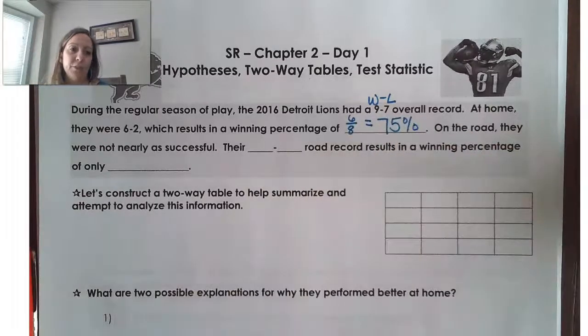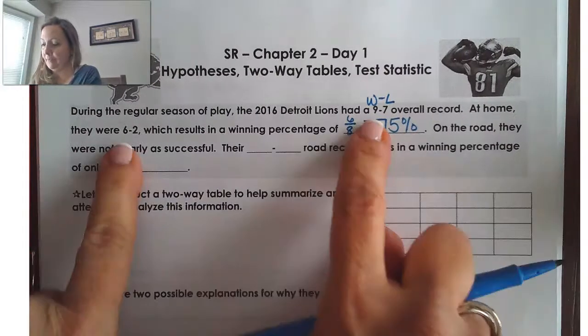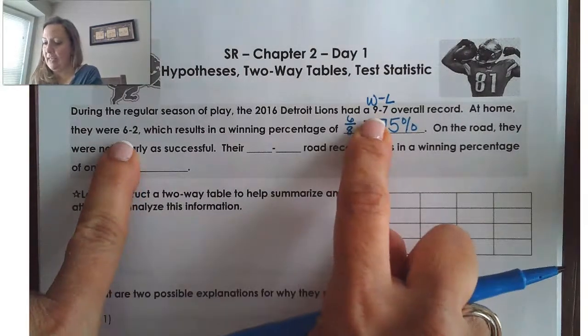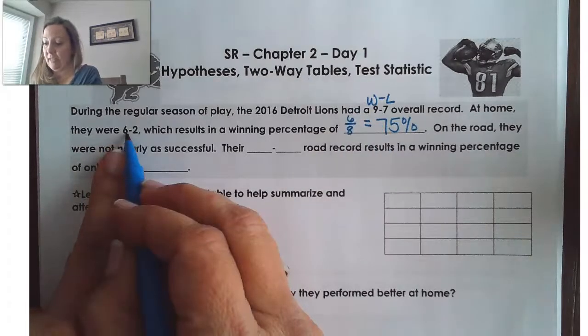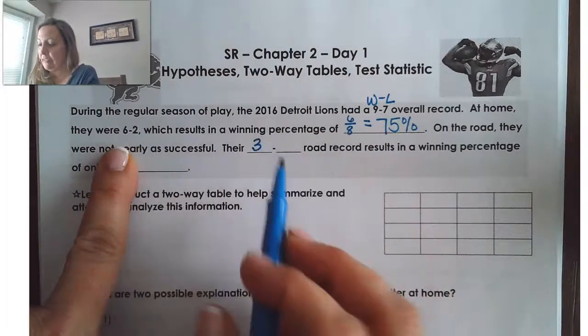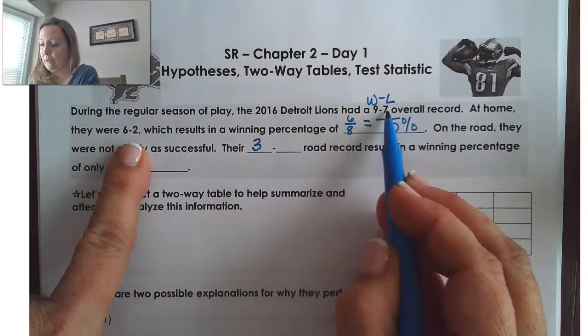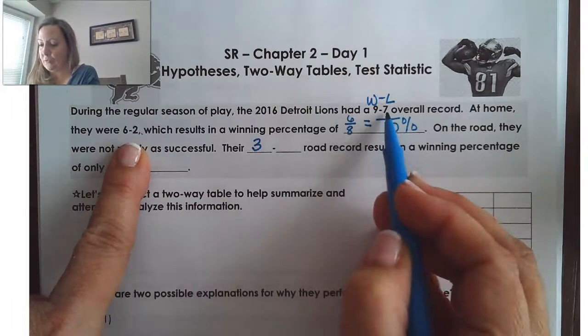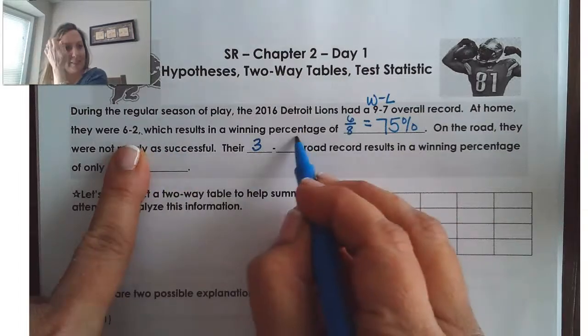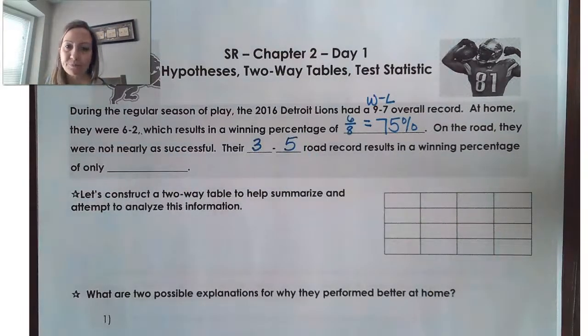So on the road, they weren't nearly as successful as they were at home. Let's think about it. If they were 9-7 overall, they won 9 games overall, they won 6 at home, which means that they only won 3 on the road. And if they lost 7 overall and 2 of those losses were at home, that means 5 of those were on the road.